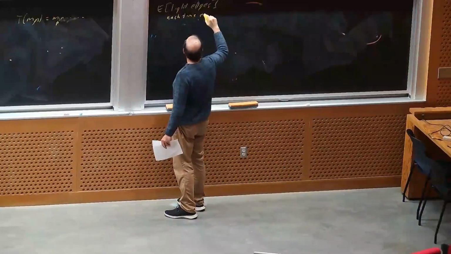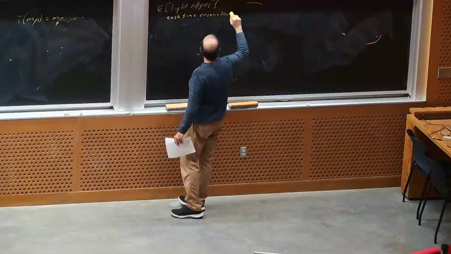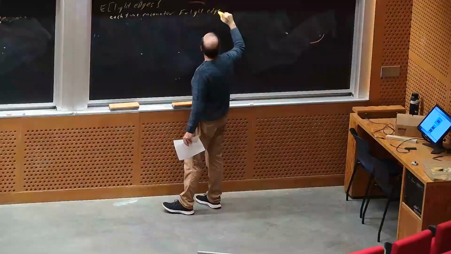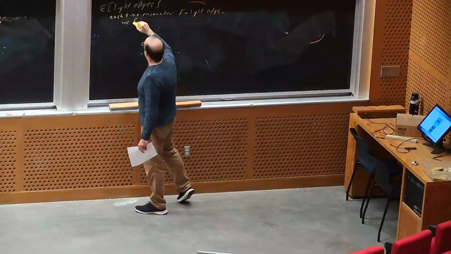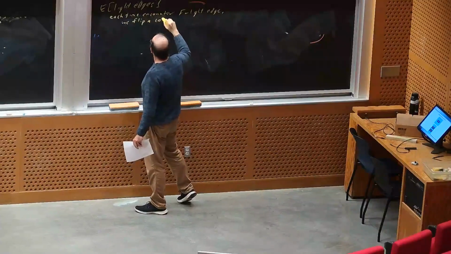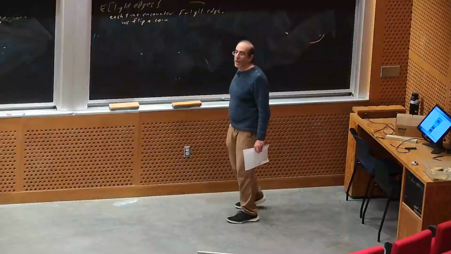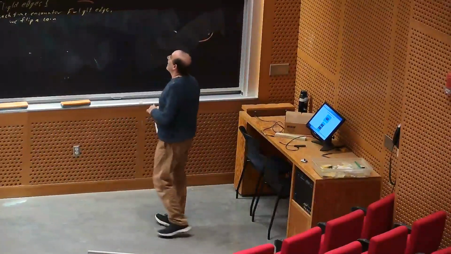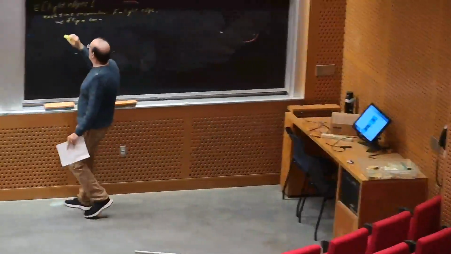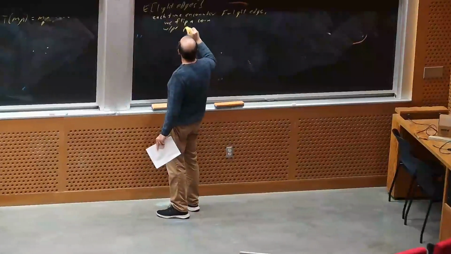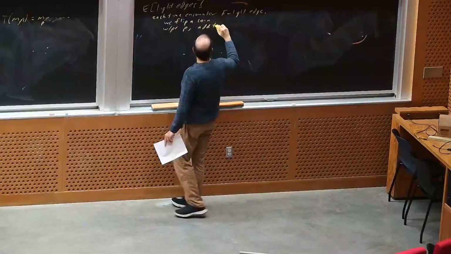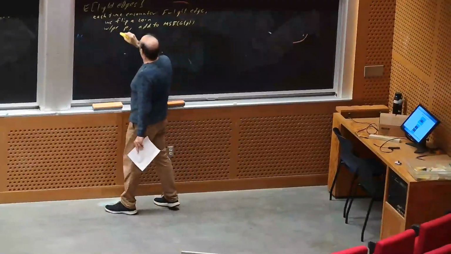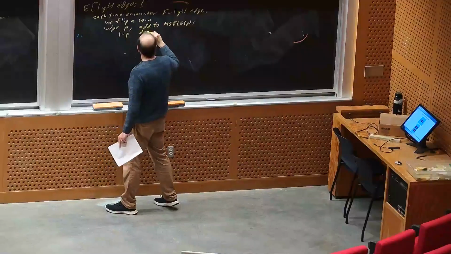Each time we encounter an F light edge, we flip a coin. With probability p, we add it to our minimum spanning forest. With probability 1 minus p, we don't.